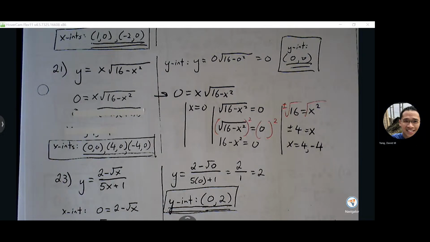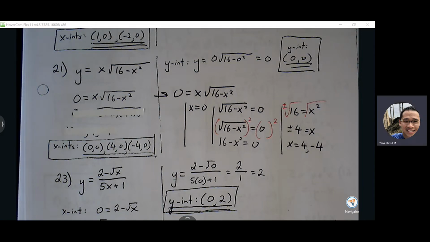Now, something that some of you guys brought up here, we got to be careful how we handle this problem. Even though square root of 16 is 4 and square root of x squared is x, you can't quite do that because there's a minus sign here.